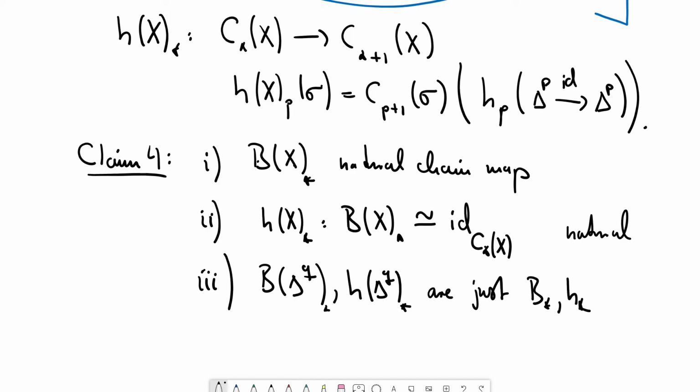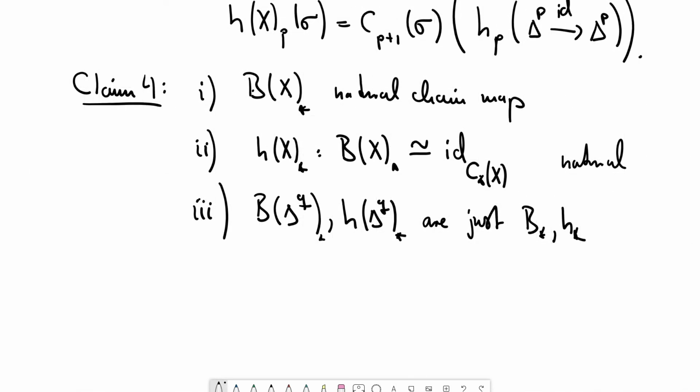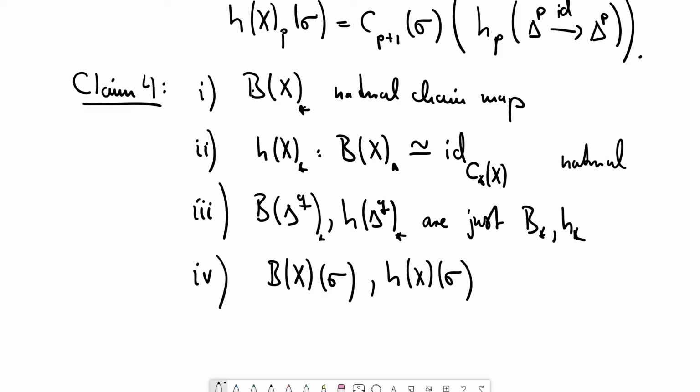And the next claim is that if you look at Bx of a singular simplex and Hx of a singular simplex, then these are chains, for whatever degree, in the image of sigma.